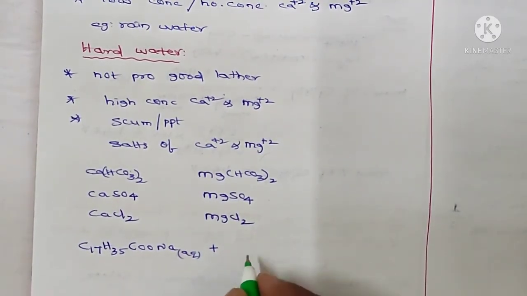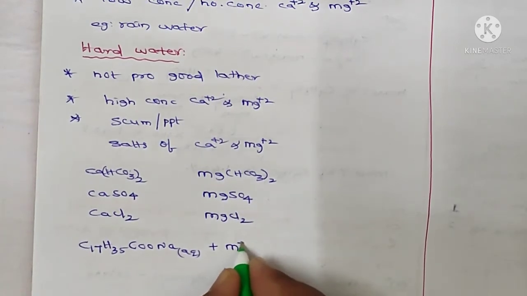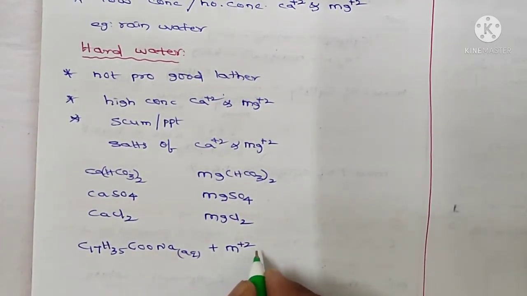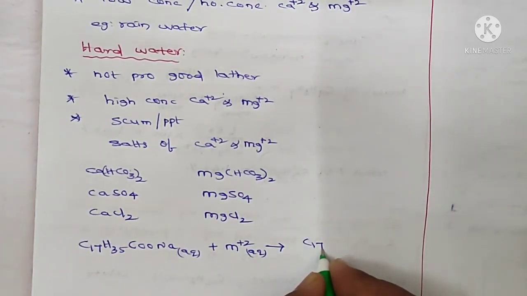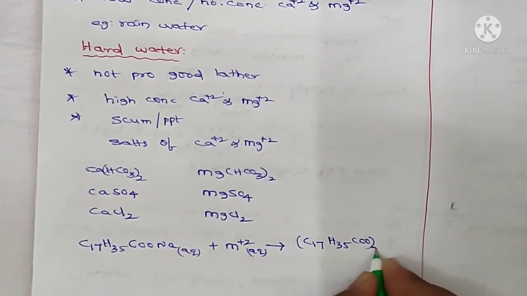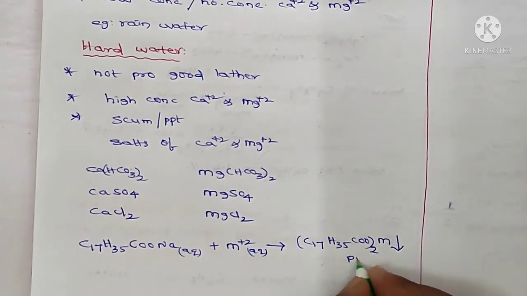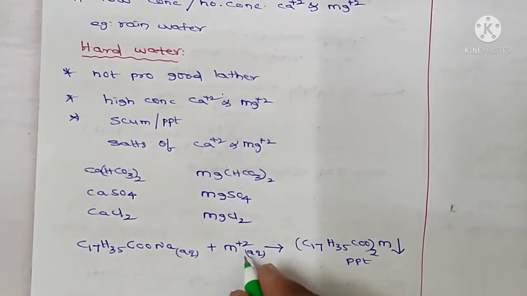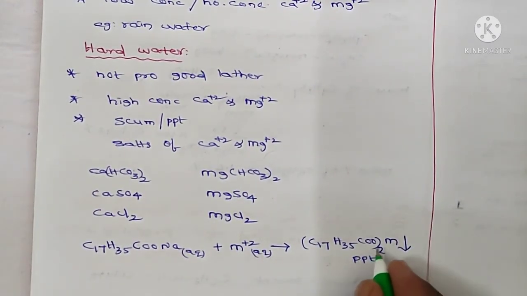If you use hard water containing calcium 2+ or magnesium 2+ ions, let me take M2+, which may be calcium or magnesium, it gives a precipitate of magnesium or calcium stearate, (C17H35COO)2M.